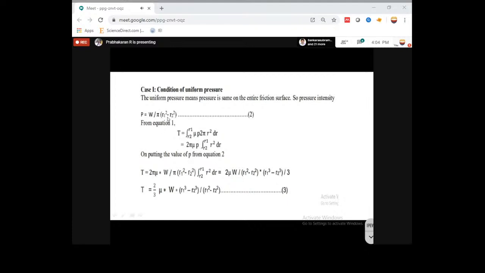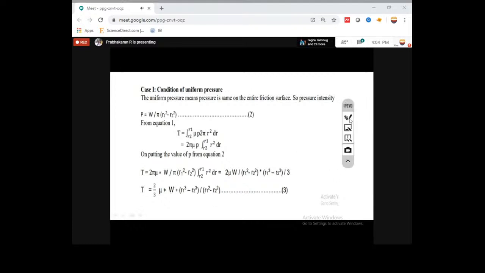So W by (R1 square minus R2 square). Next I'm going to take the 3 common. So this is 2 by 3 mu W (R1 cube minus R2 cube) divided by (R1 square minus R2 square). This is the way we got the torque formula for the uniform pressure condition. Now I'm going to simplify it in a very simple way.